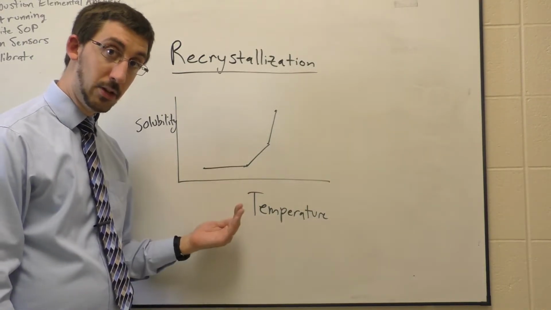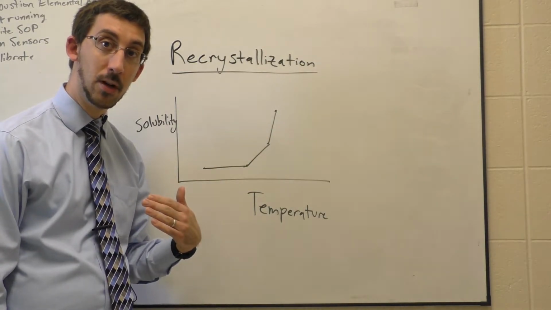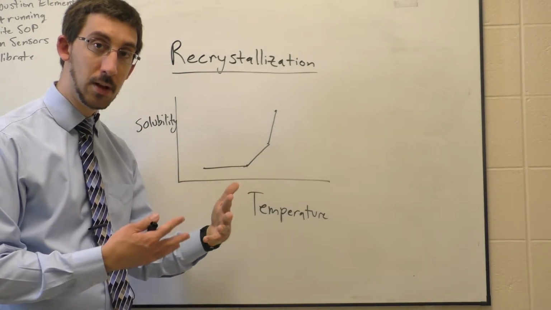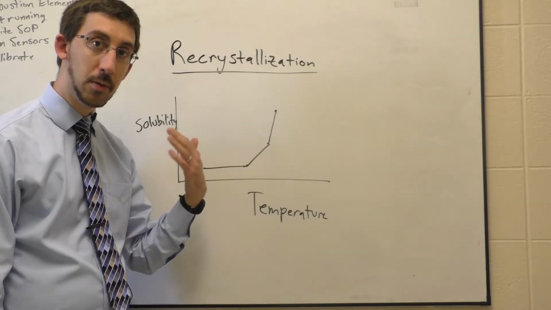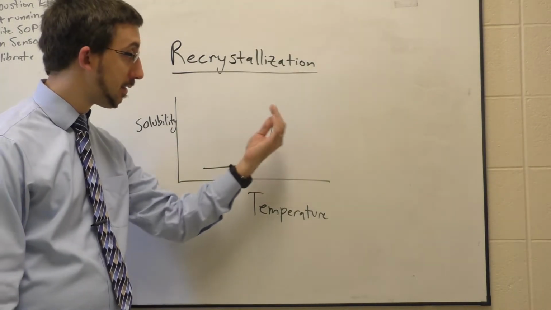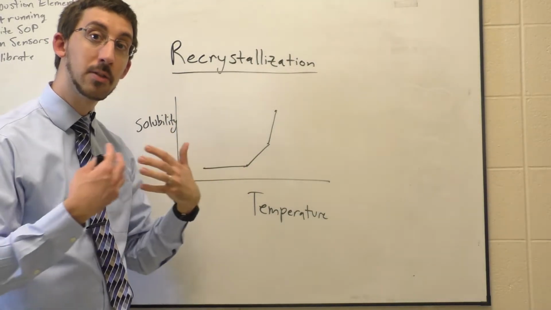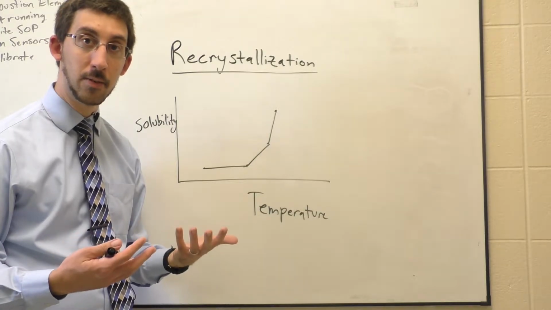So it needs to be insoluble at room temperature, but it needs to be fully soluble at elevated temperature so that we can get all of the material into solution, everything dissolved, and this will then allow, as we cool back down, the formation of those ordered crystals as the solubility decreases and the material begins to come out of solution in hopefully an ordered crystalline fashion.